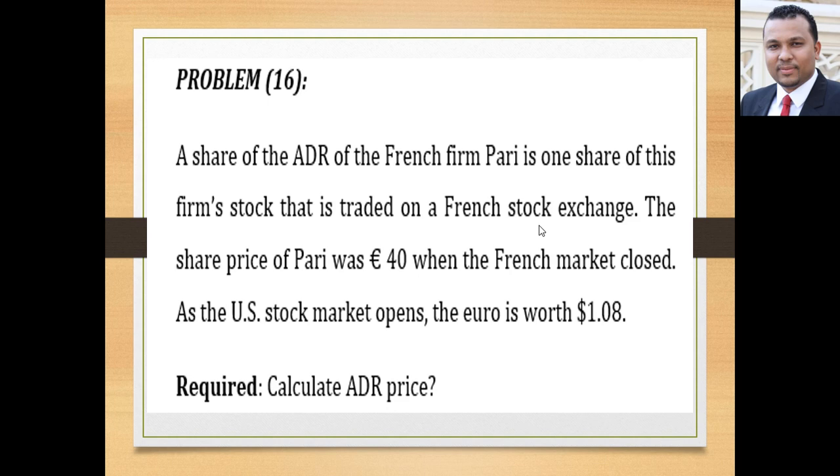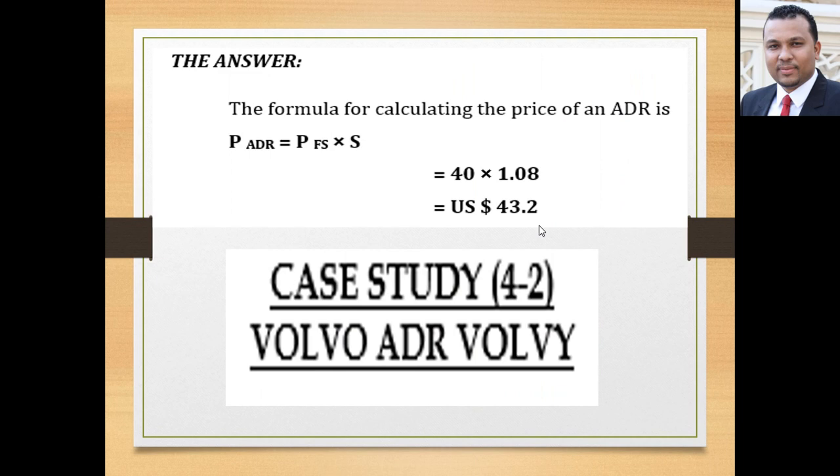When the French market closed, the US stock market opened with the euro equal to 1.08 dollars. Now, to calculate the ADR price, we take the price 40 multiplied by the exchange or forex rate, so the price equals 43.2 US dollars.